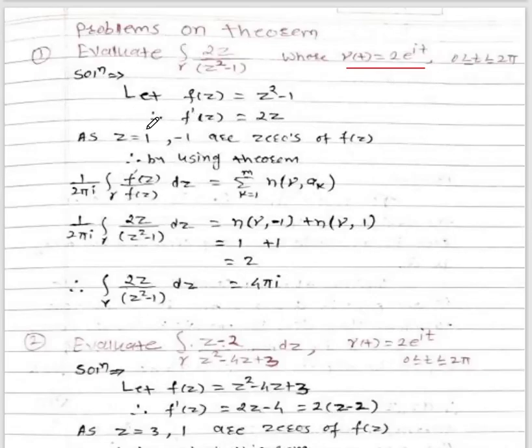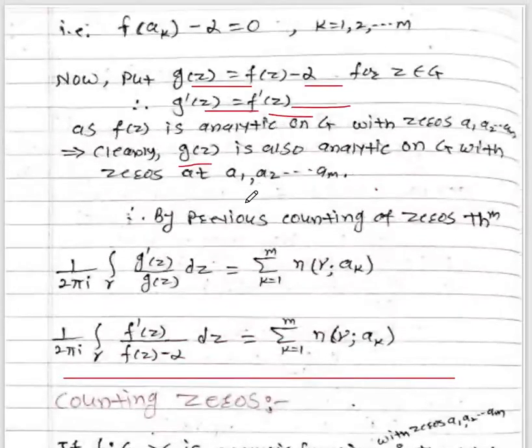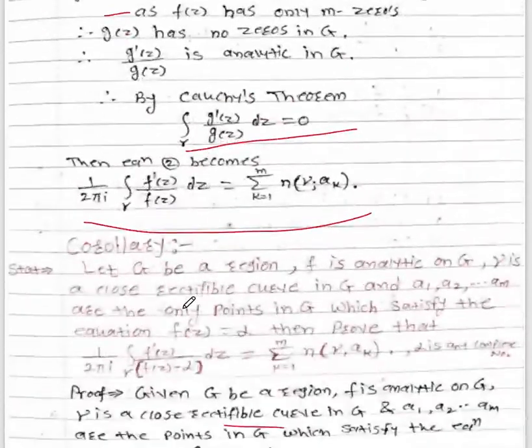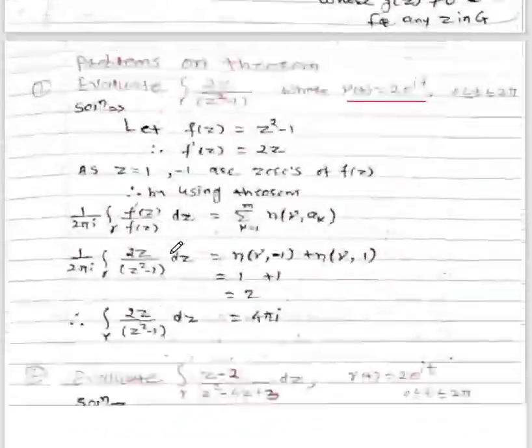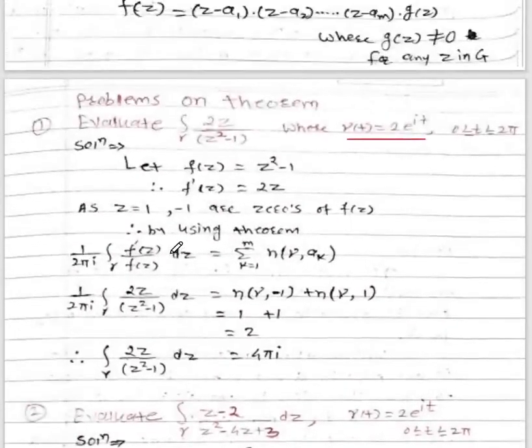What is the solution? What is given? Let us suppose that f of z equal to z square minus 1. So by using the corollary theorem, what is f of z? F of z is the lower term and f dash of z is the upper term. If you compare this integral with the term in the previous theorem, you will get f of z equal to z square minus 1 and f dash of z equal to twice z.